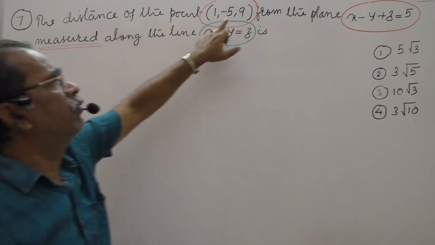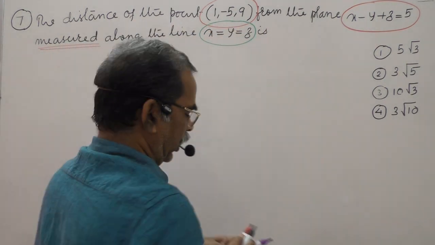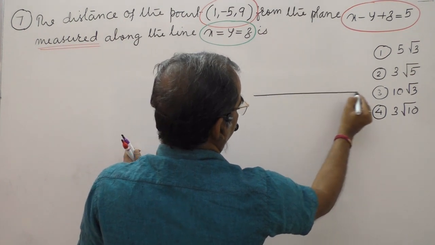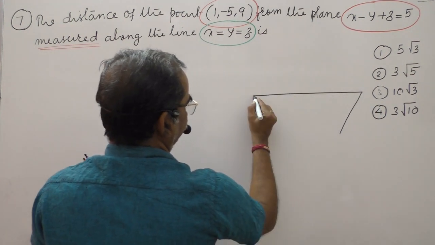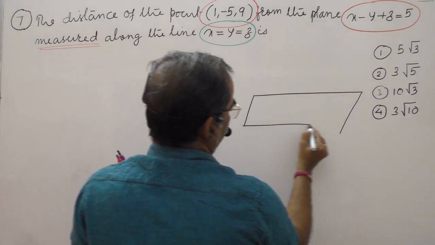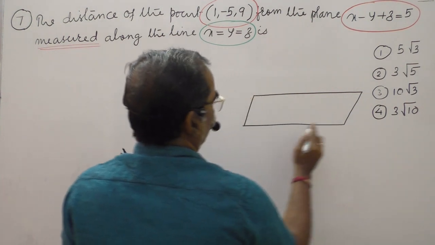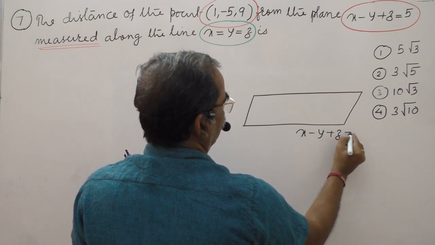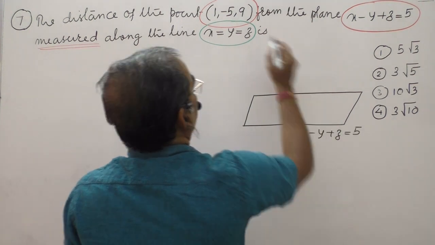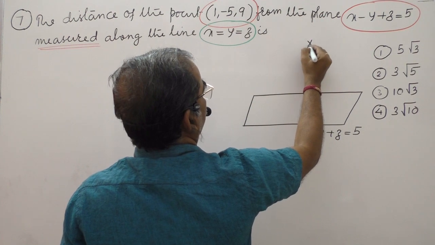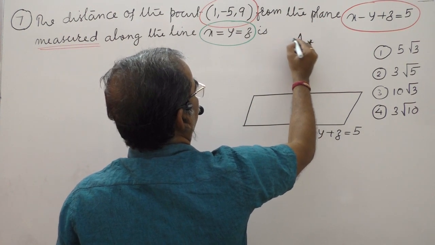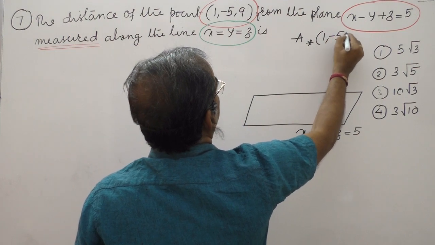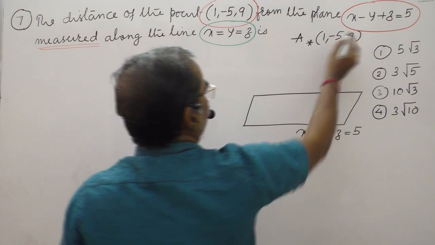I shall draw the figure. Say this is the given plane, whose equation is x minus y plus z equal to 5. And a point is given, which is 1 comma minus 5 comma 9.